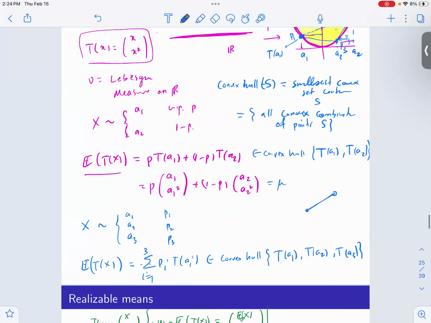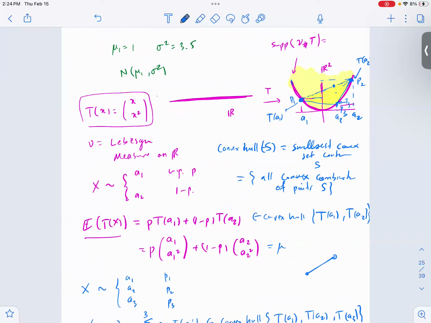So that's what I tried to say. So this is the support. This is that set S, and the convex hull of this set S is the set of realizable. Because the mass is going to be spread around on this, you need to add all the pairwise lines. And once I add all these lines, okay.